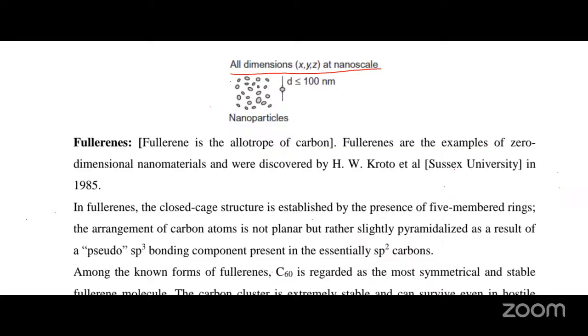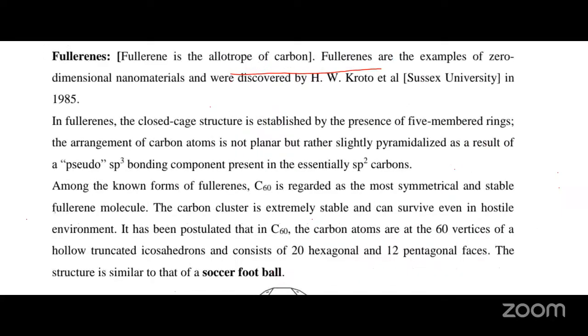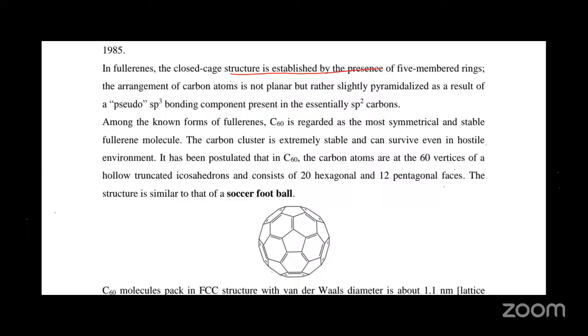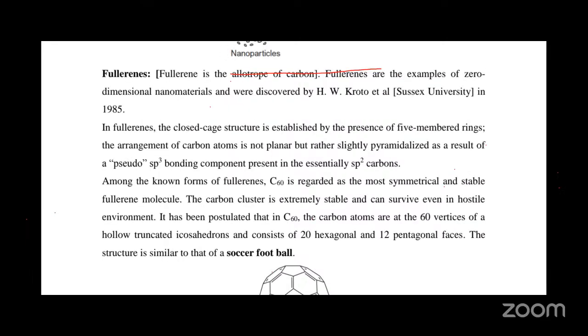Just now we discussed fullerenes. This is also known as the soccer ball. One more time we have to go through its properties.